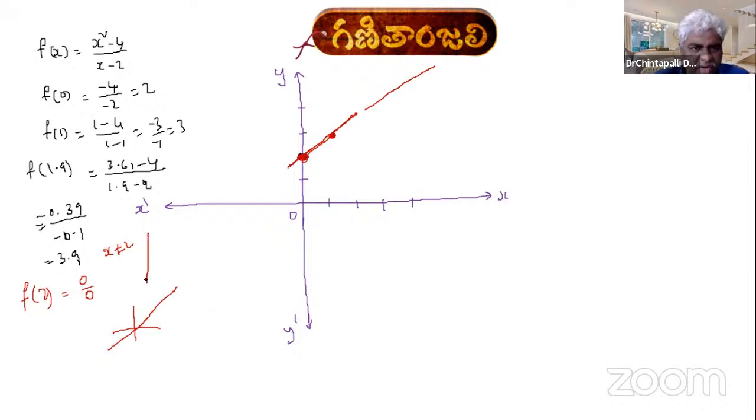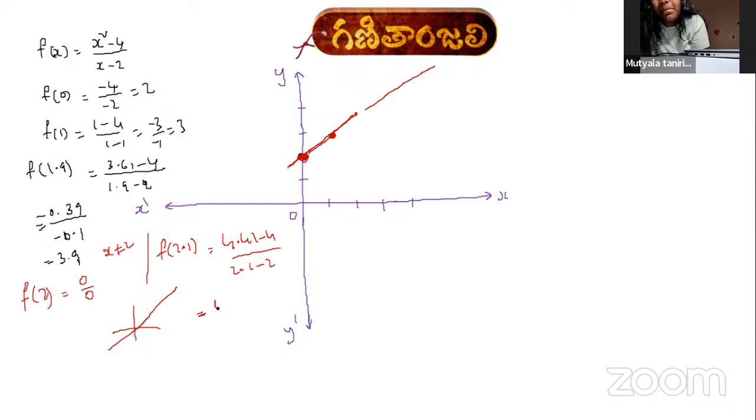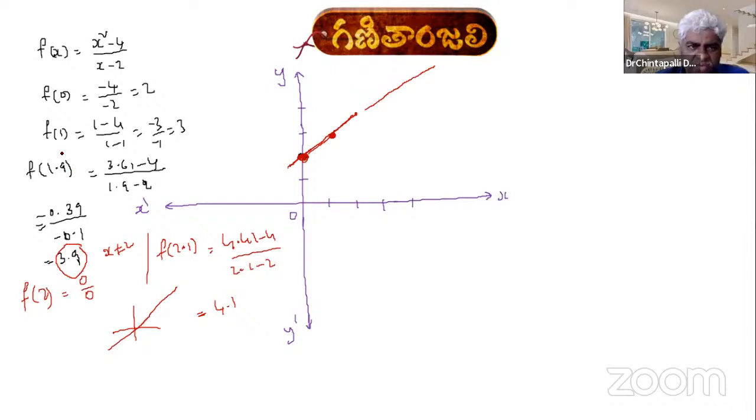Tell f of 2.1. 2.1 whole square, 4.41, minus 4, by 2.1 minus 2. Total it is 4.1. For 1.9, its value is 3.9.